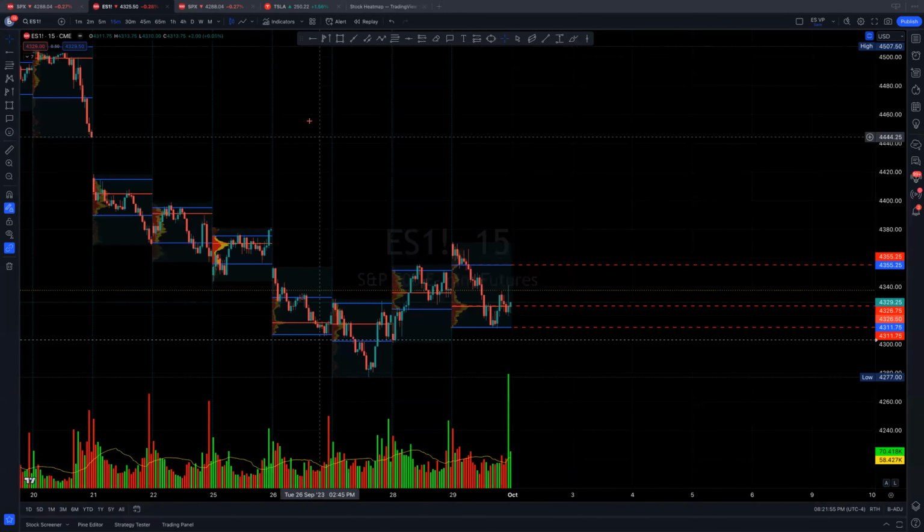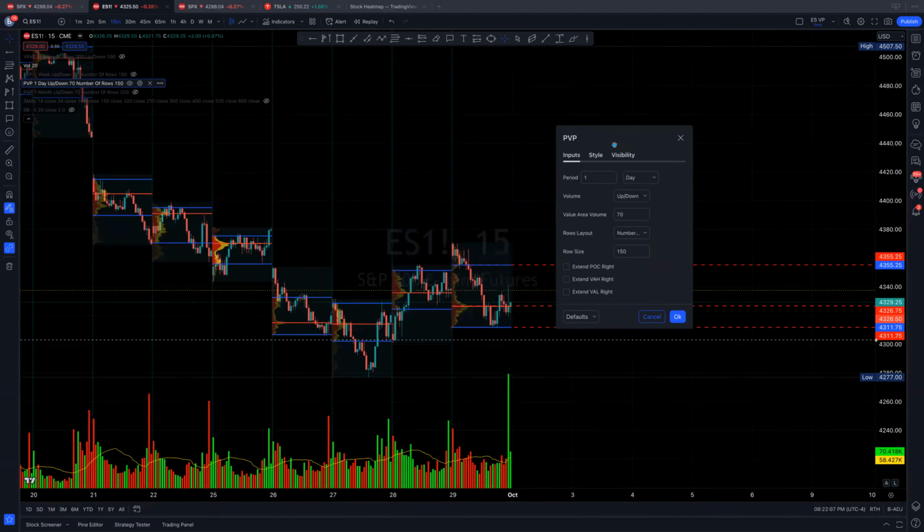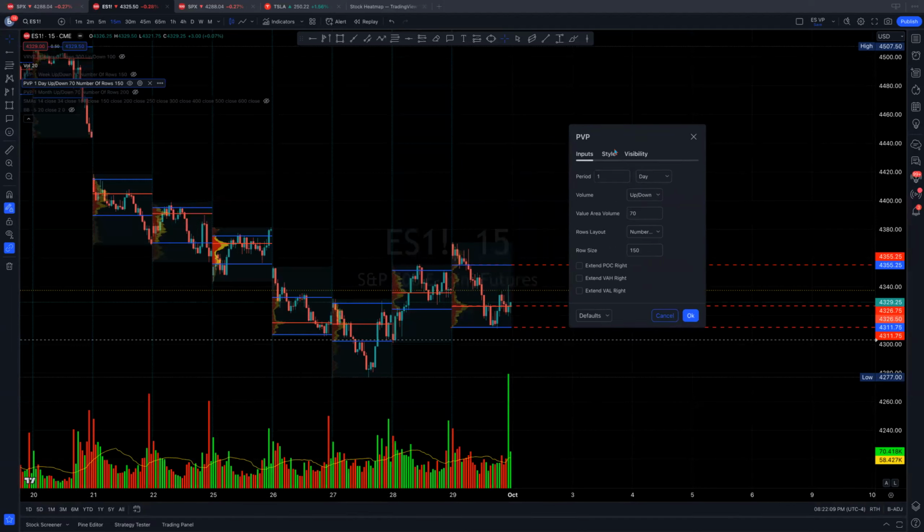Now let me show you guys the settings for the volume profiles. These are the settings that I have. Period is 1. Basically, the period shows how many days per profile, how could I explain this?